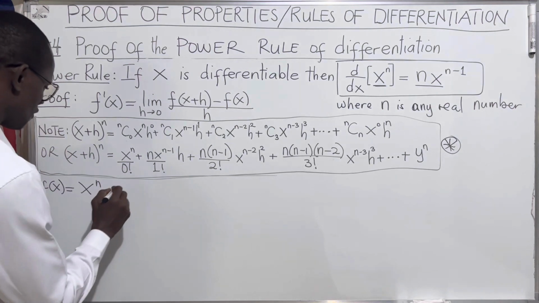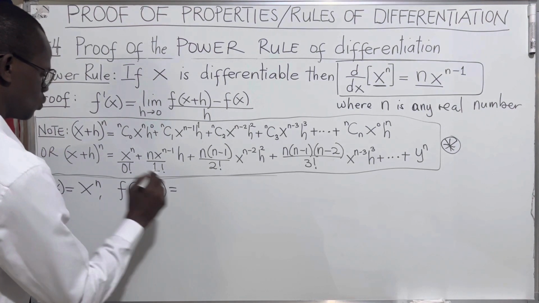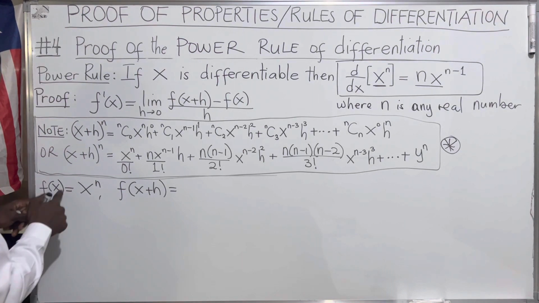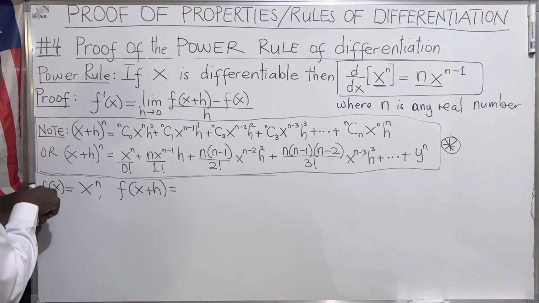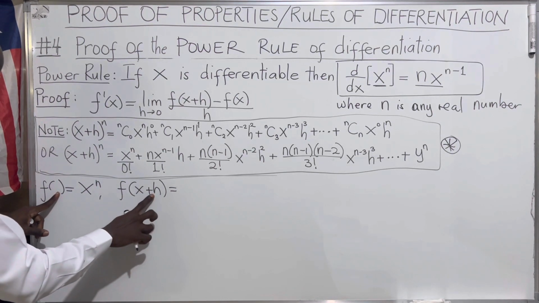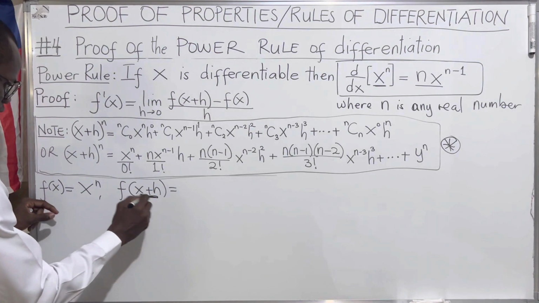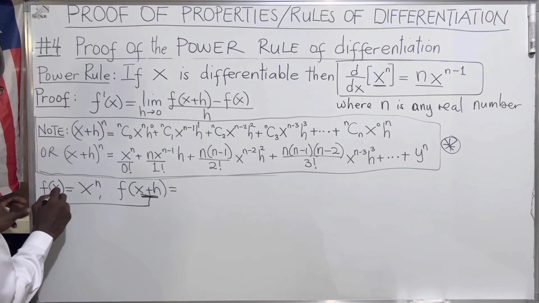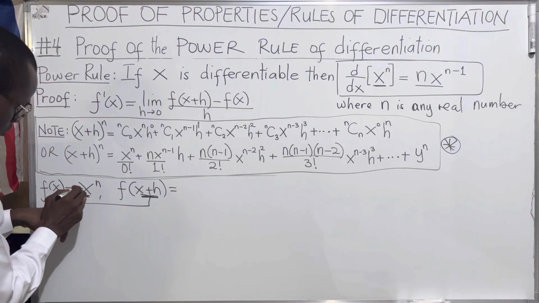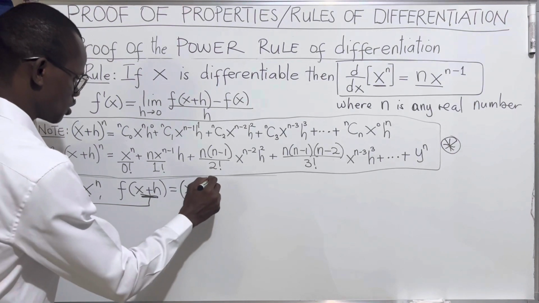If that is our f of x, then f of x plus h would be equal to, in this parenthesis, this x removed and replaced with x plus h. Likewise, on the right hand side of the equation, this x must be replaced with x plus h, raised to some n.